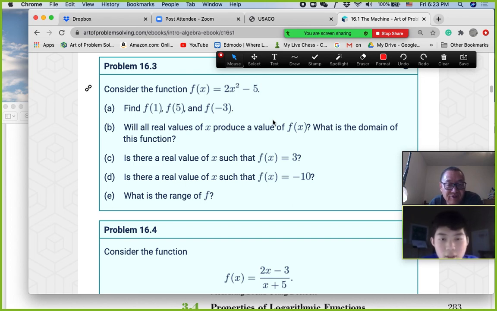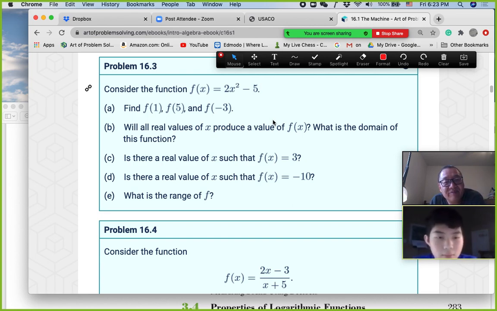Yes. Very good. Then go to B. I think it will. Yeah, that's true. All real numbers of x will produce a value of f of x. And the domain is all real numbers. Yes, that's correct.